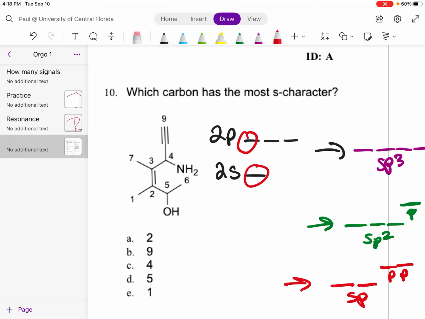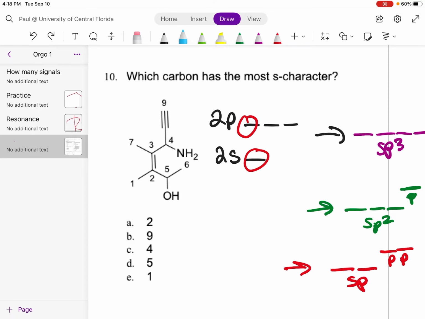So when we take a look at the hybridization state of the sp, we can see that these hybridized orbitals right here consist of 1p and 1s. So that is what I circled in blue, where did those orbitals come from? It came from this guy and that guy. So that means that we have 50% coming from a s and 50% coming from a p orbital.